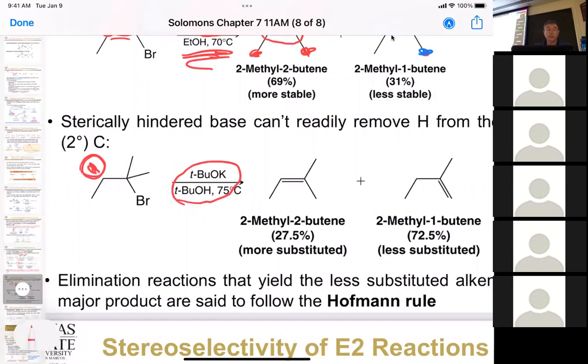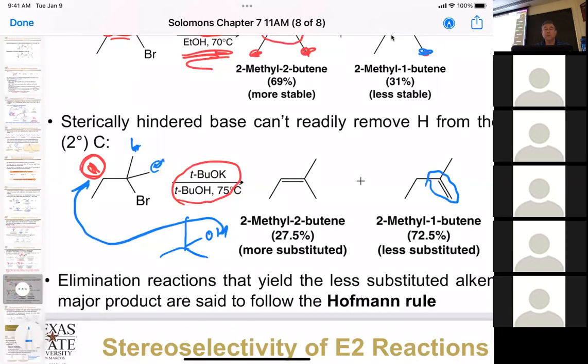So it's going to take one of these 6 hydrogens way out here that aren't sterically hindered. And we actually switch it, so the less substituted product is our major product, entirely because of the size of this t-butoxide. Right here, it can't fit in, so it has to grab one of these 2 beta hydrogens.